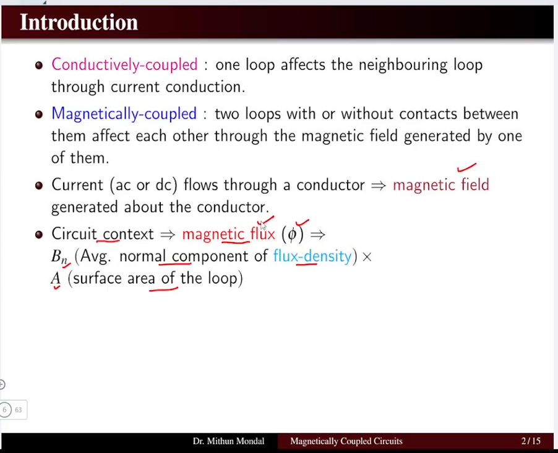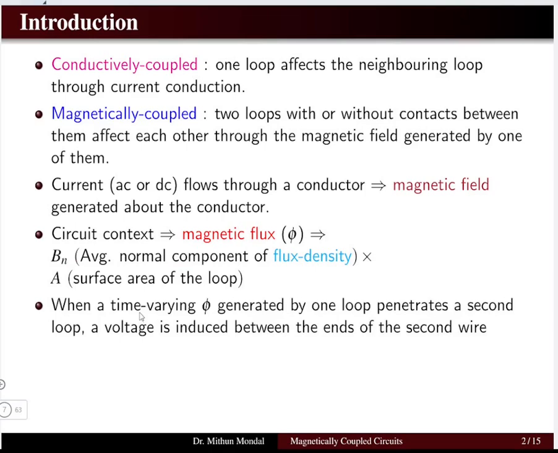Both in the circuit context will be the same, and we will use the equation of flux equal to the magnetic flux density multiplied by the area of the loop. So phi is equal to B into A. This is the famous equation of flux.